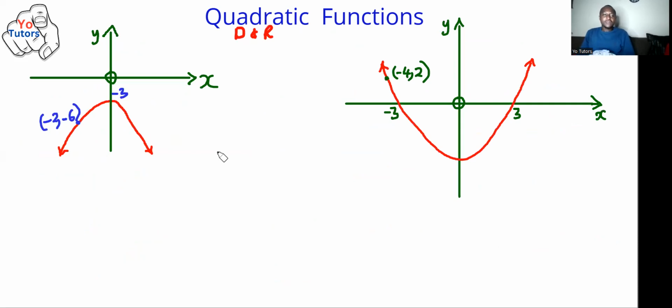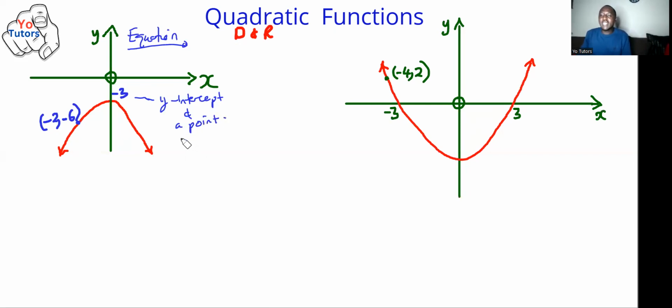Now let's look at finding the equation of a quadratic function. Now in this case here, you are given the y-intercept, and a point.